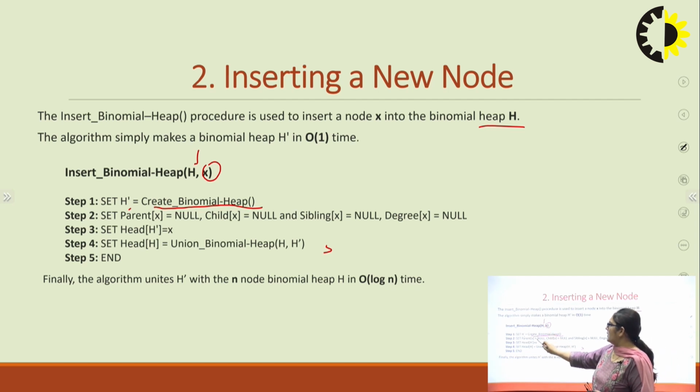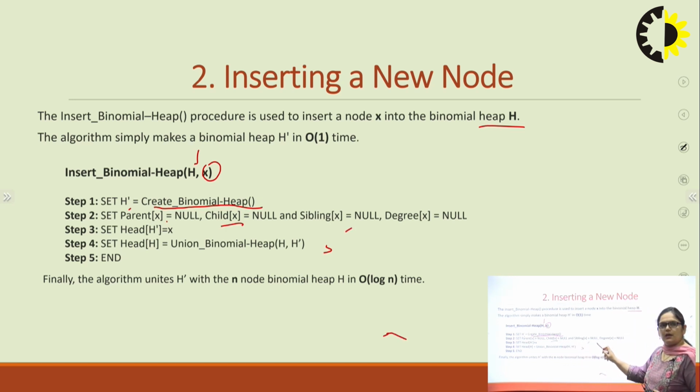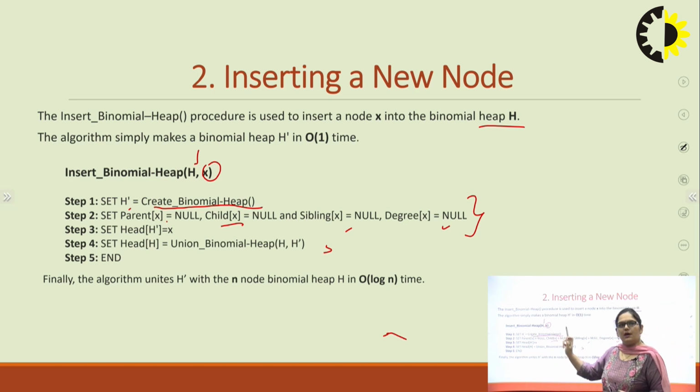For example, first we have to set the parent of the given node x to null, and also set the child pointer of node x to null, the sibling of x to null, and the degree of x to zero. So first we initialize all the pointers for the node x.